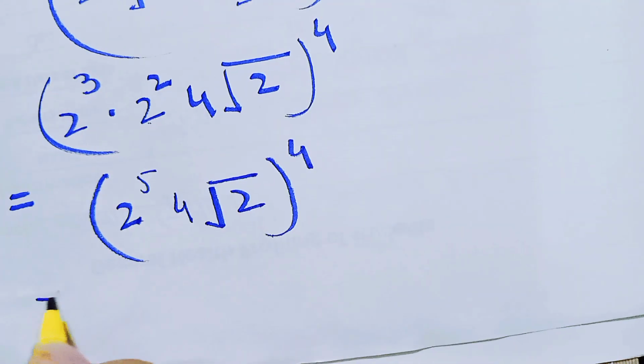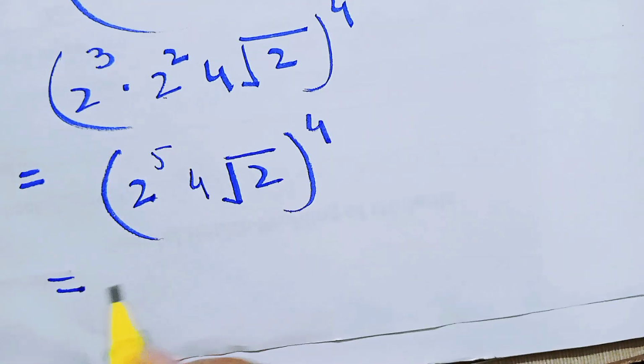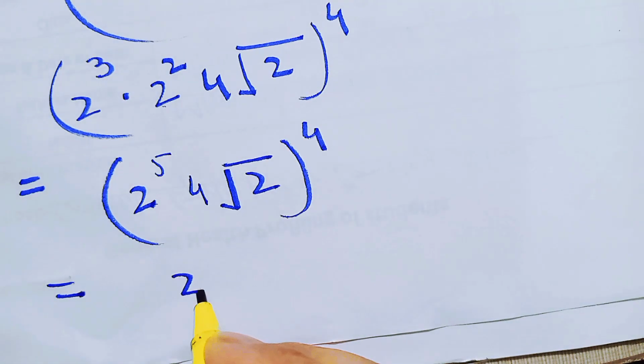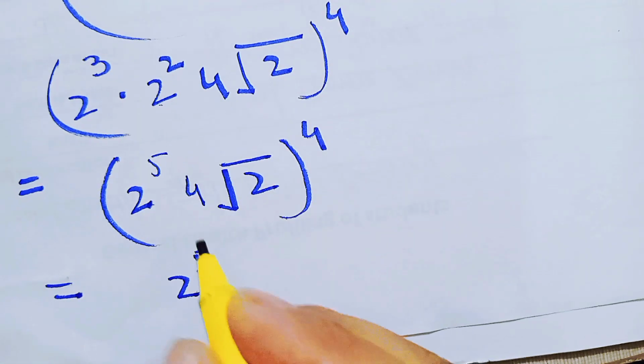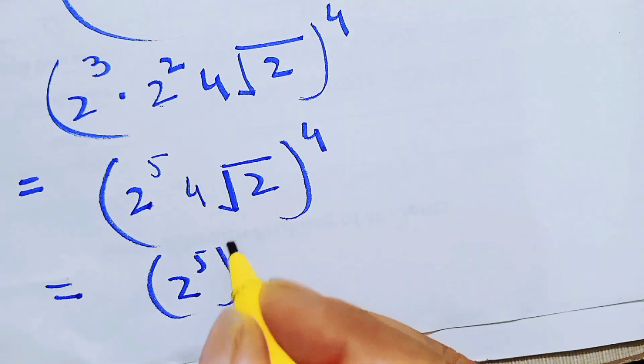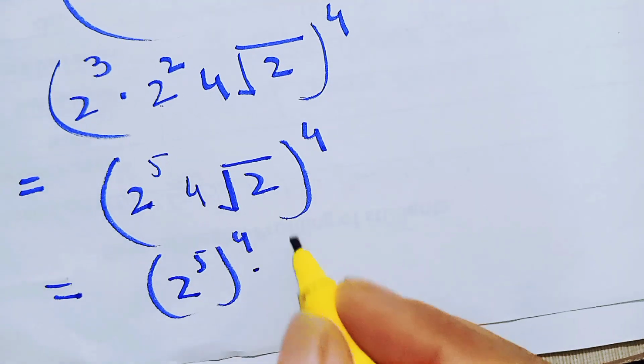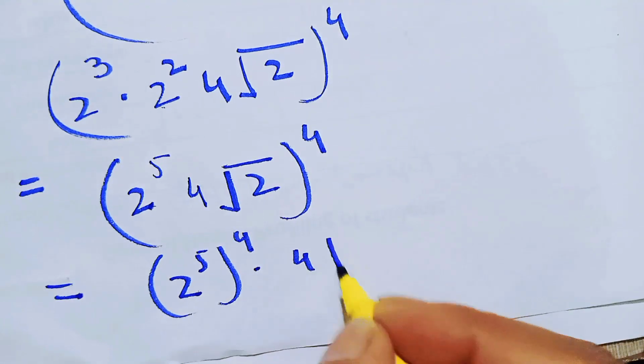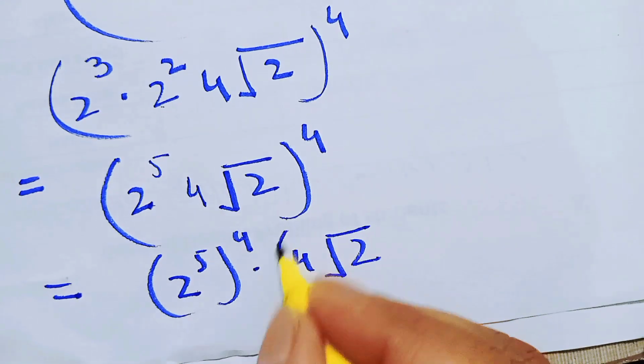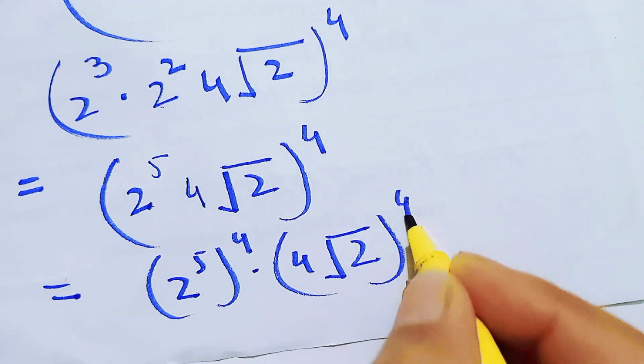So this 2 to the power of 5 and the whole to the power of 4, times 4 and then the square root of 2 and the whole to the power of 4.